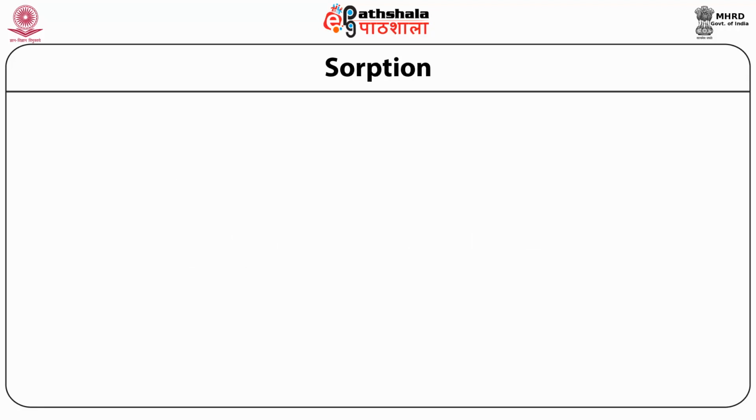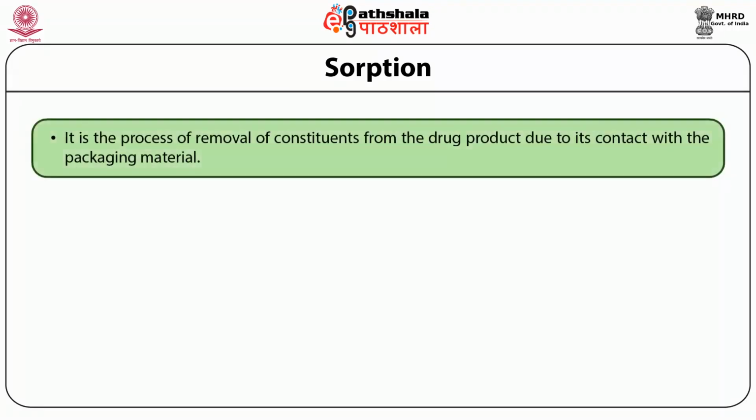The absorption is another parameter which one should take into consideration while selecting the plastic as a packaging material. Absorption is the process of removal of constituents from the drug product or from the formulation due to its contact with the packaging material.